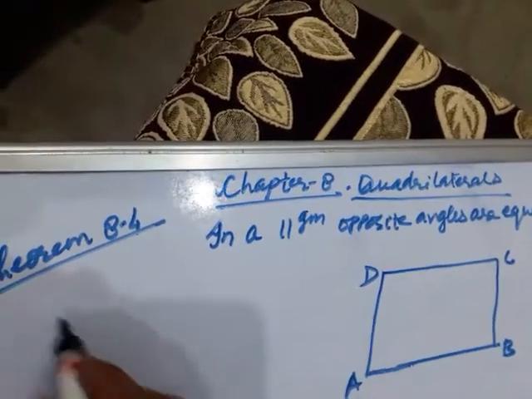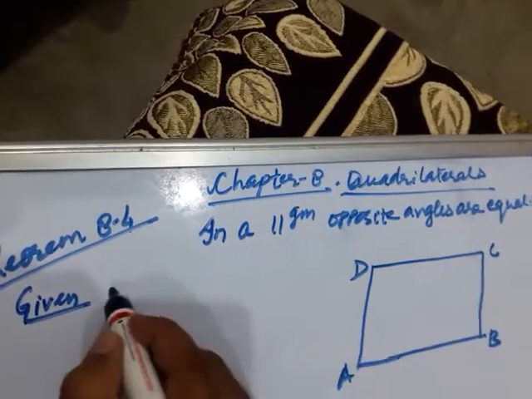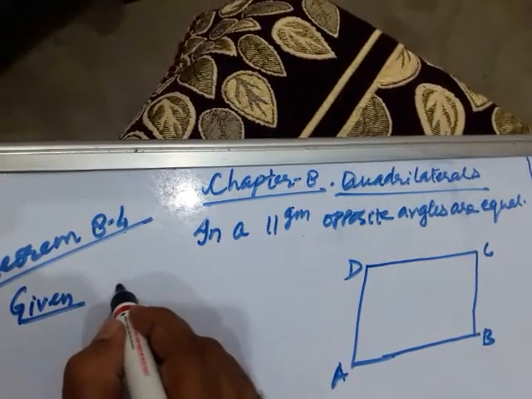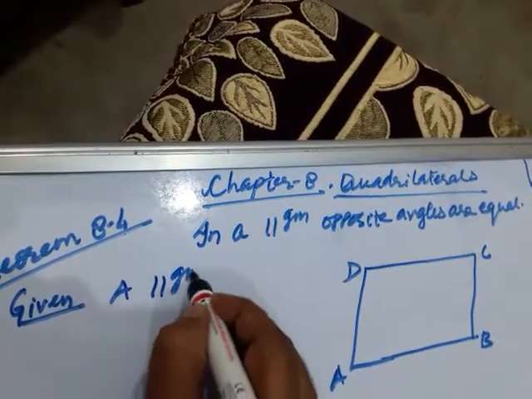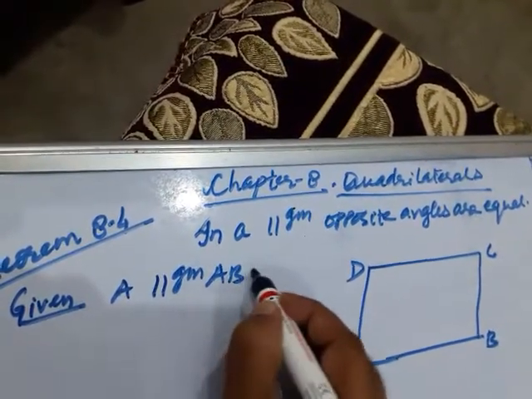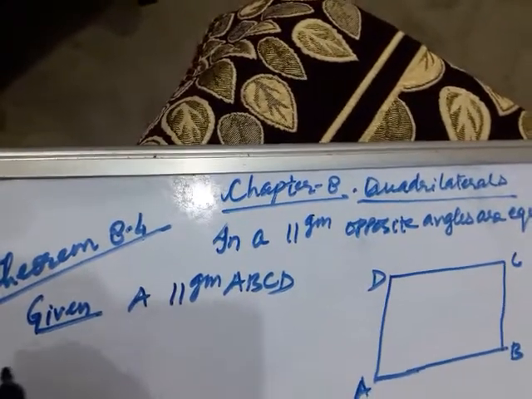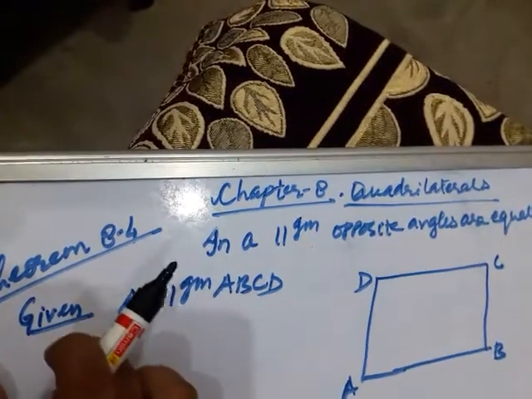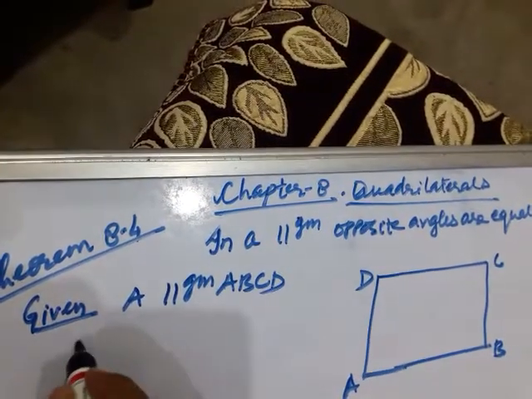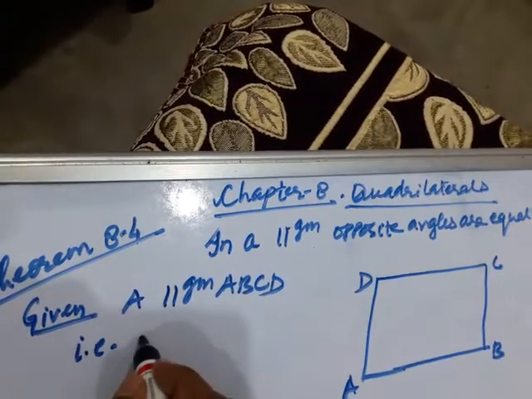Let us see what is given. Given a parallelogram ABCD. What do we have to prove? What are the properties of a parallelogram?